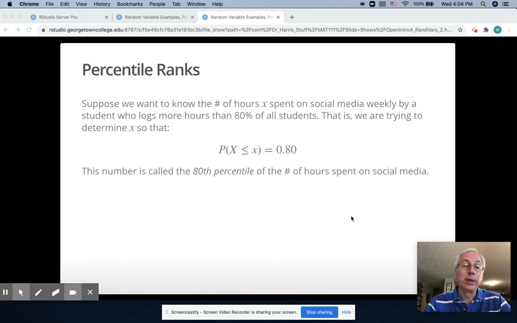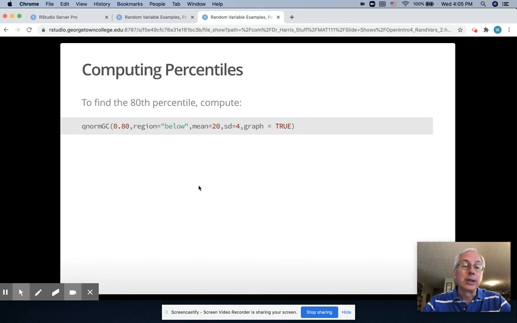If we wanted a probability, we used pnormGC. If we want a percentile, we're going to use a command called qnormGC. Let's take a look at how this is set up. It's very similar in layout to the pnorm command, but in this case we give a probability in this first spot.